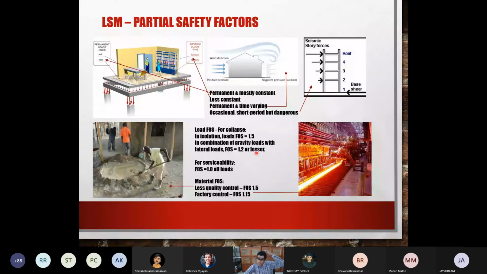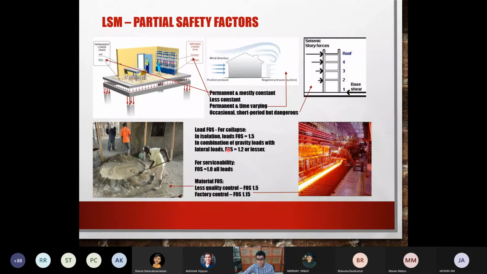Now the reason why you take 1.2 is, they say, see this gravity load 1.5 factor is given so that in the unprecedented event that there's an overloading, you don't want to be unsafe. Similarly, if you take only wind separately, in the case that there is an unhistorically big storm which is happening, you don't want to be caught unaware there either.